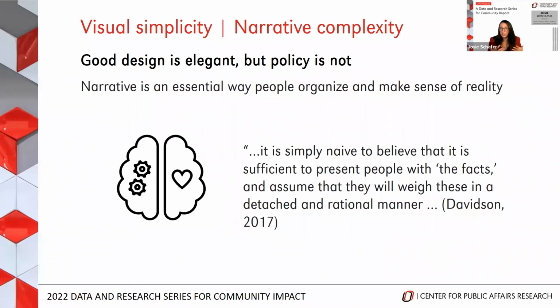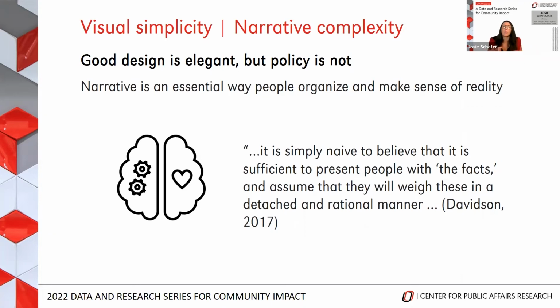People really can't weigh data in a detached way because we naturally understand the complexity of people. This particular quote goes on to say that policymakers look for things that are reasonable, clear, and available at the right time. Timeliness of providing data is another great point too.